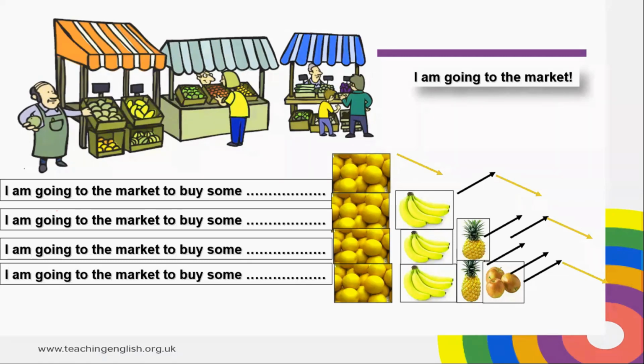Let's try together. The first one, I'm going to the market to buy some oranges. Is this a rising or a falling tone? Falling. Okay. Thank you. As for the second one, I'm going to the market to buy some oranges and bananas. Rising, then falling.